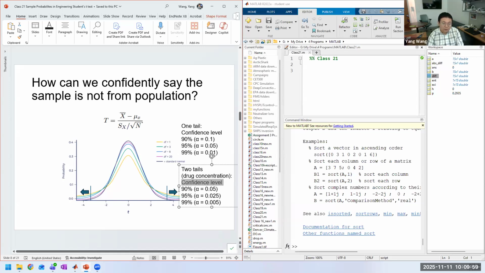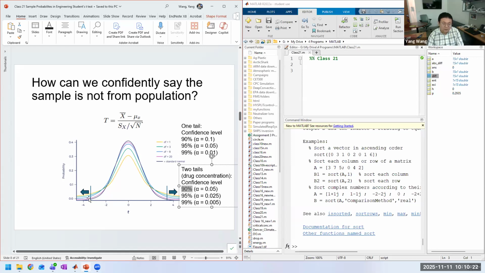Again, it's going to involve this confidence level. We can say 90% confidence level, but this time we need to make sure that the critical T value we're looking for, the area below the negative critical T and the area above the positive critical T, right?